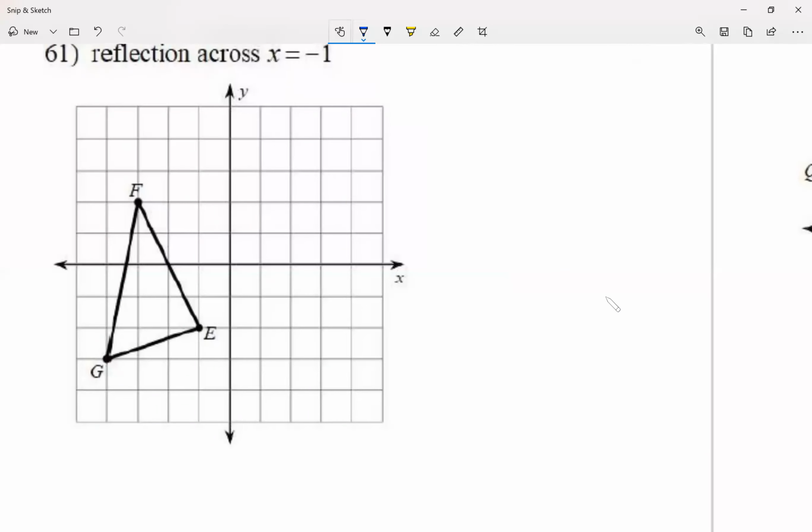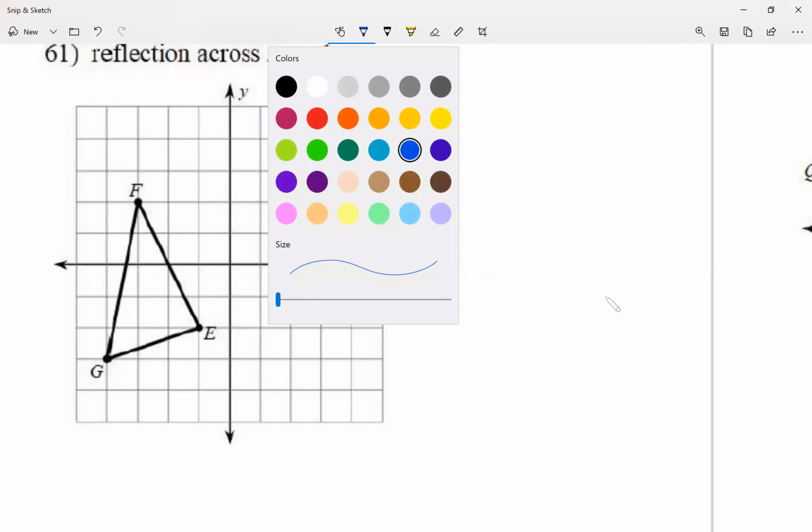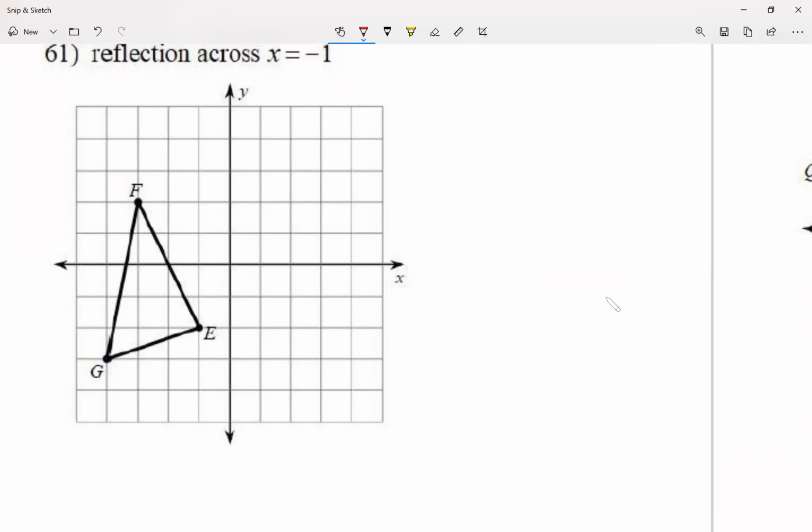Let's take a look at question number 61. The mirror line in this case is going to be the line x equals -1. Now in this case, I'm going to use the y-axis. The y-axis, another name that the y-axis has is x equals 0, right?